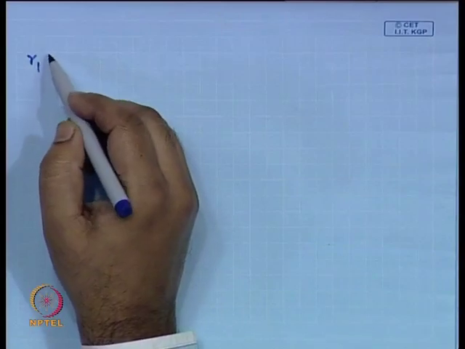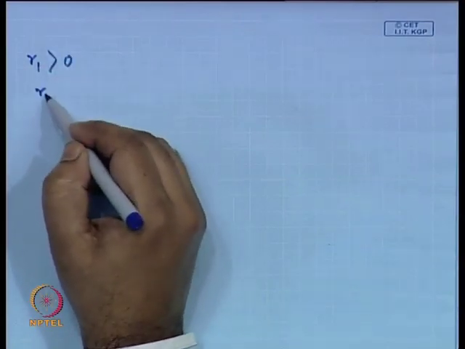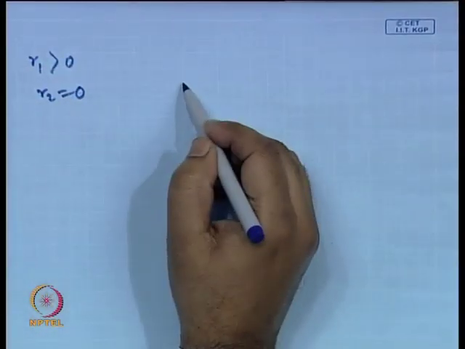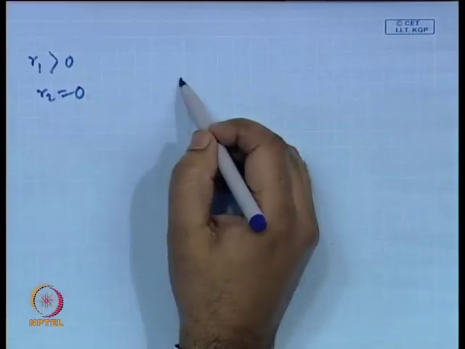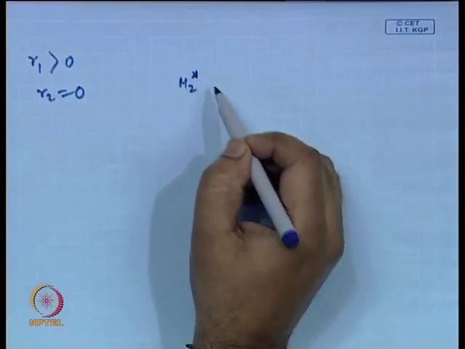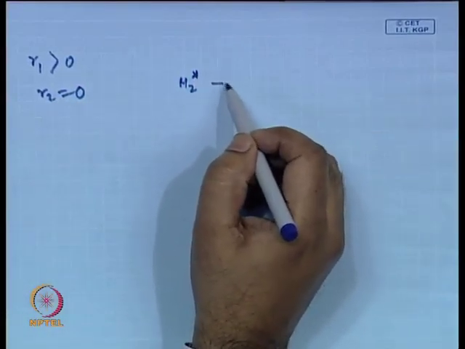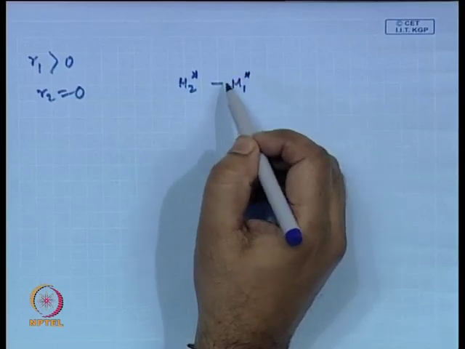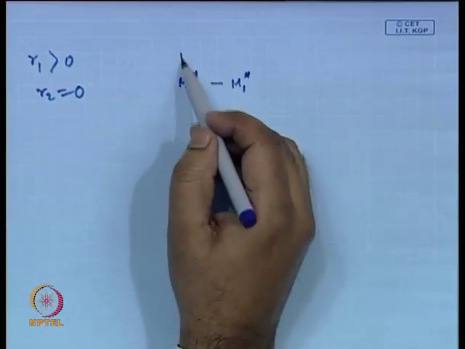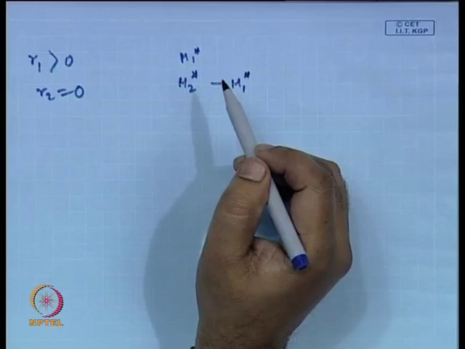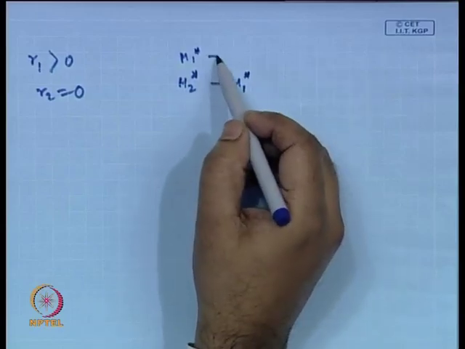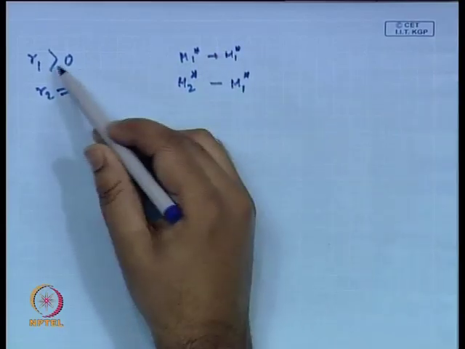Say for example, if I take the case of R1 greater than 0 and R2 0, then M2 star can only react with M1, whereas M1 star can react with M1 to some extent.